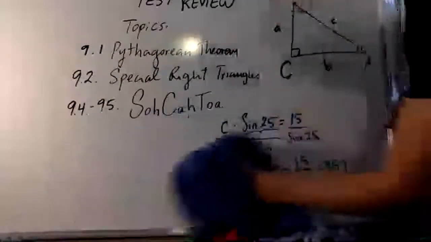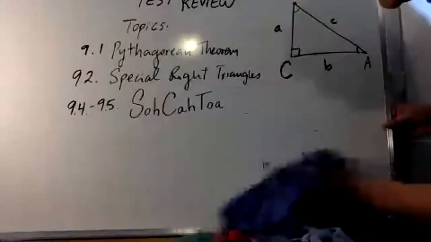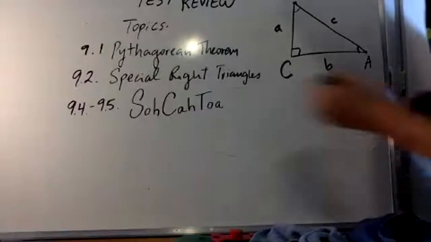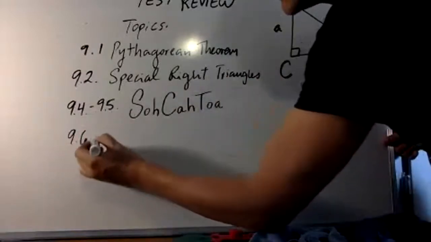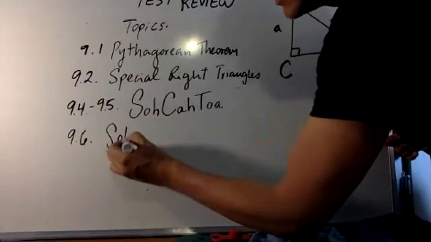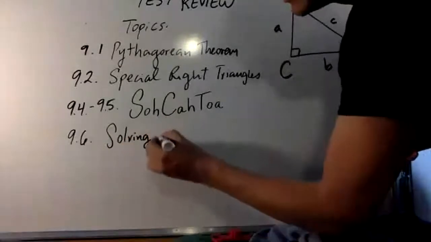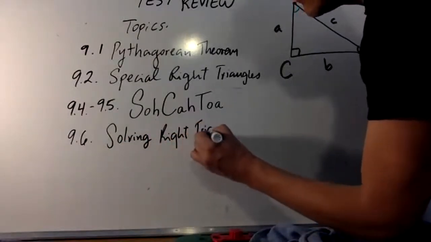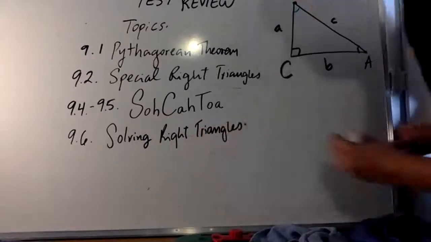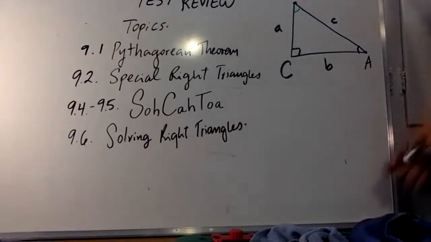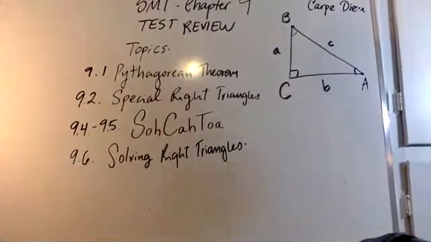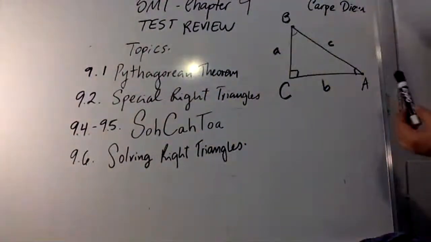So in 9.6, we are asked to do this: solving right triangles, all right? So solving right triangles means that, and we have one here in front of us. So let me adjust this. Okay. So look at this.